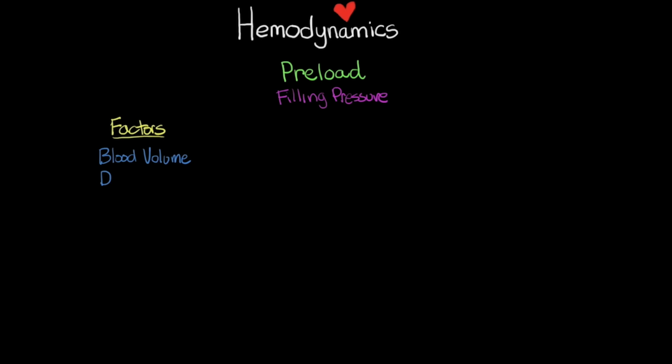Next is going to be the distribution. And this is referring to the distribution of fluid and volume in your body. Is it in your vasculature? Is it inside of the cells? Or is it in the third space? What is the availability of that volume to contribute to preload?